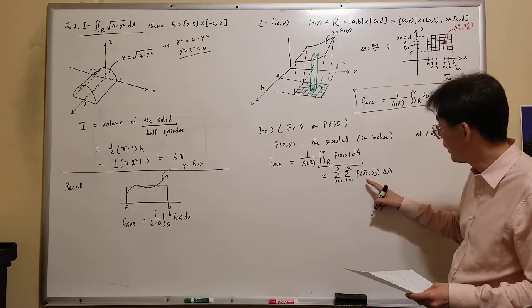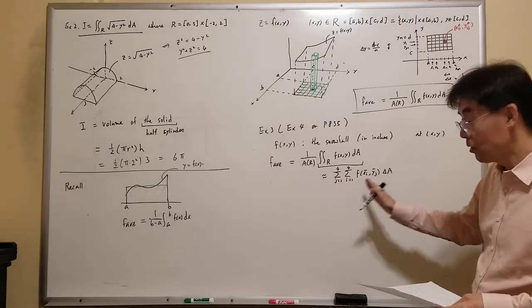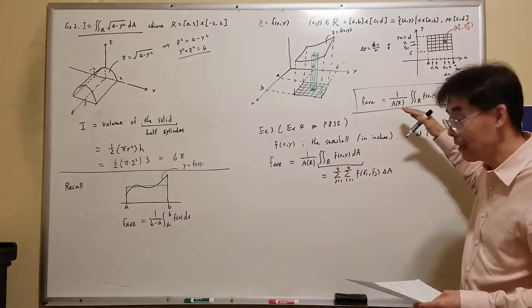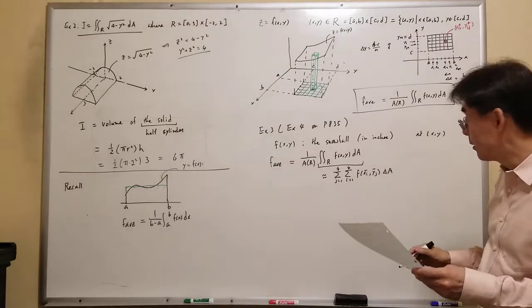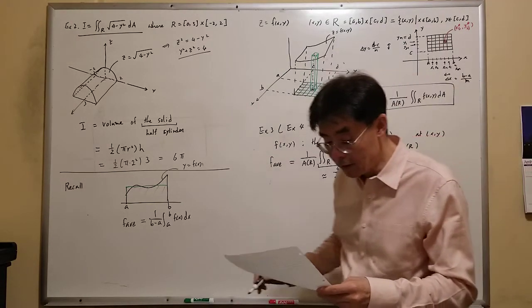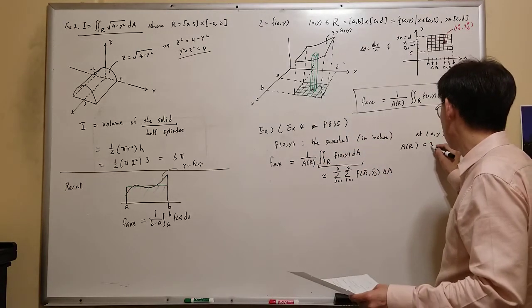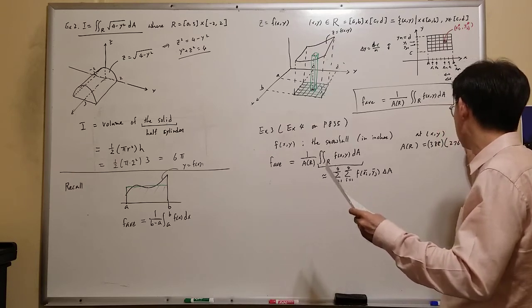We're going to choose the midpoint in each rectangle. Along x, we split into 4. Along y, also split into 4. Totally 16 rectangles. Then the total area, if you use a calculator here, they gave you 388 miles times 276 miles.